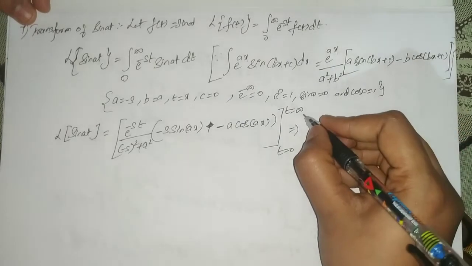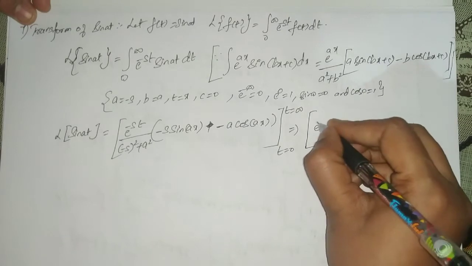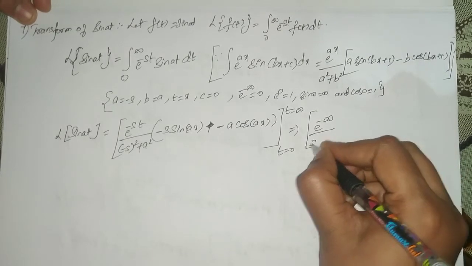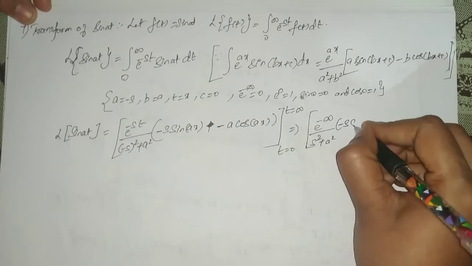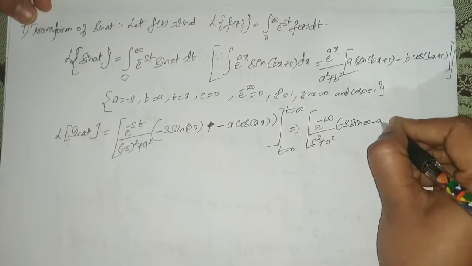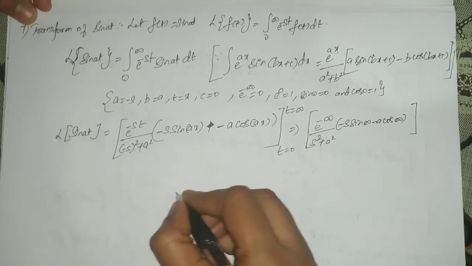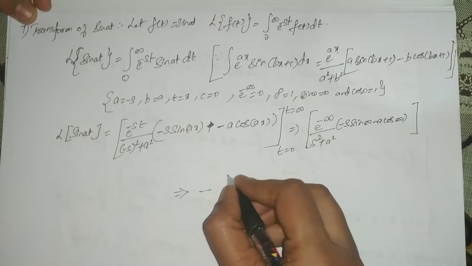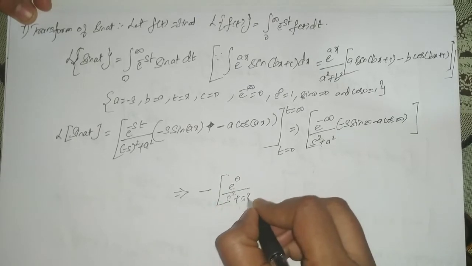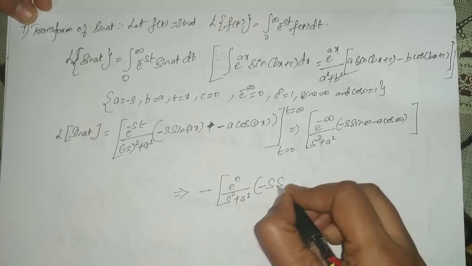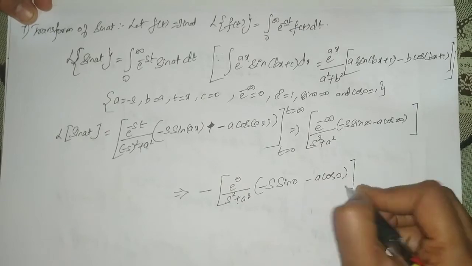So when we apply, upper limit is infinity, so we have e power minus infinity by s squared plus a squared into minus s sine infinity minus a cos infinity. This is for the upper limit, minus the lower limit e power 0 by s squared plus a squared into minus s sine 0 minus a cos 0.